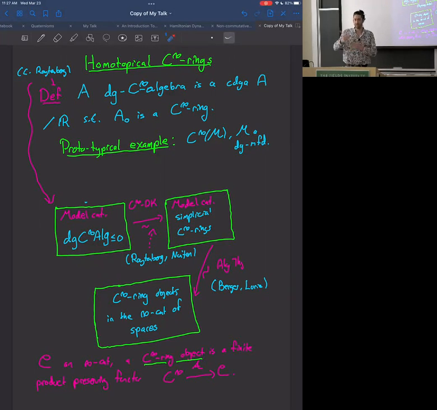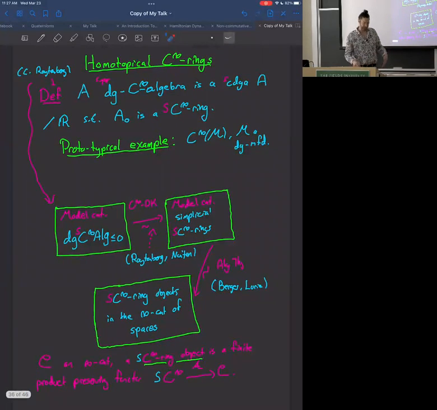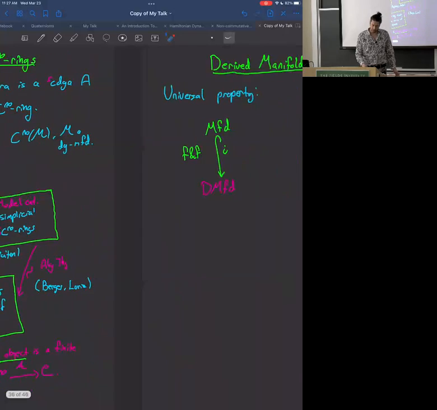If I took just the category of sets, I get C-infinity rings. If I take, say, sheaves on a manifold, I get sheaves of C-infinity rings, etc. And this all goes for super stuff as well. There's no issue there.